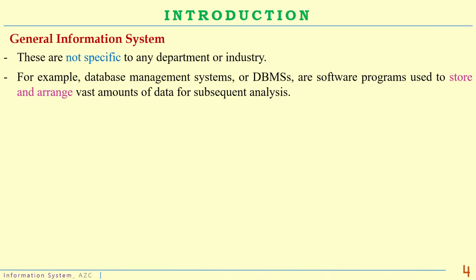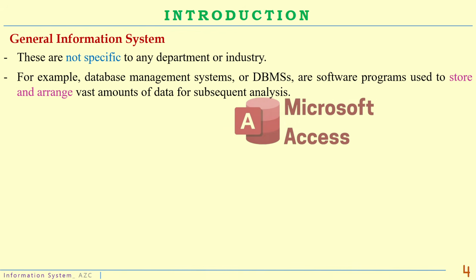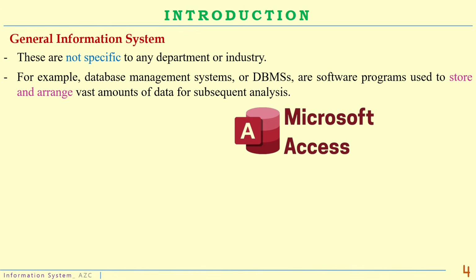General information system. These are not specific to any department or industry. For example, database management systems, or DBMSs, are software programs used to store and arrange vast amounts of data for subsequent analysis. Specialized information system.